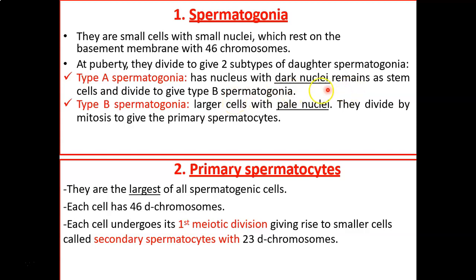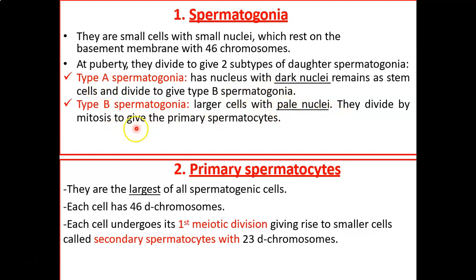Type B spermatogonia are larger cells than type A, but not the largest within the seminiferous tubules. Take care: type B have pale nuclei, while type A have dark nuclei.